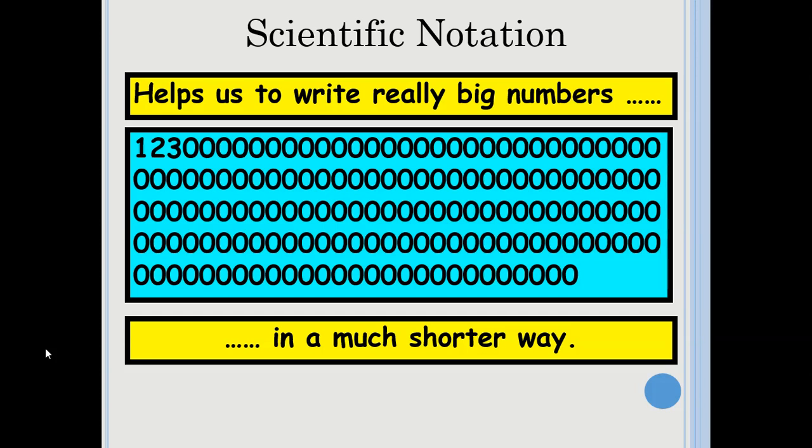And if I was then to ask you to work with that number, it would be annoying to always write it out all the time. So we've got to have a way that we can write really big numbers in a much shorter way.